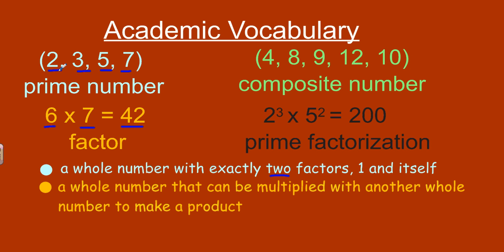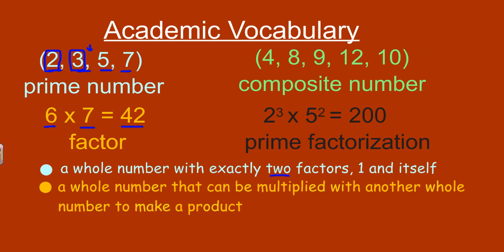So if we think about this number 2, 1 times 2 equals 2, and those are the only two factors. 1 times 3 equals 3, and those are the only two factors. Why didn't we do 4? What other factors does it have besides 1 times 4? That's right, 2 times 2 equals 4, so it actually has more than two factors.